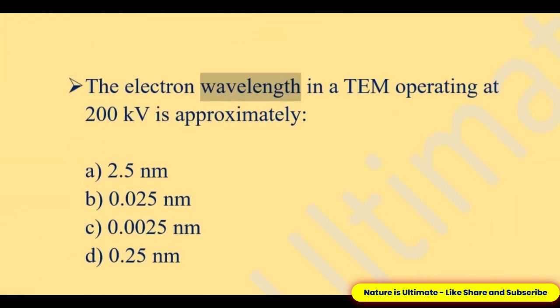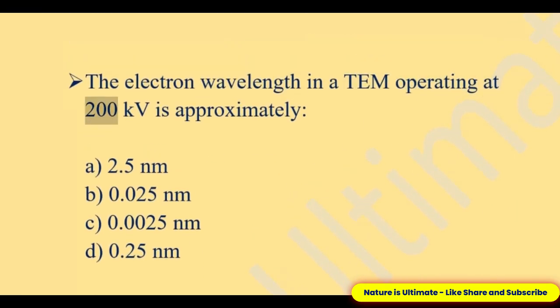The electron wavelength in a TEM operating at 200 kV is approximately: A. 2.5 nanometers. B. 0.025 nanometers. C. 0.0025 nanometers. D. 0.25 nanometers.